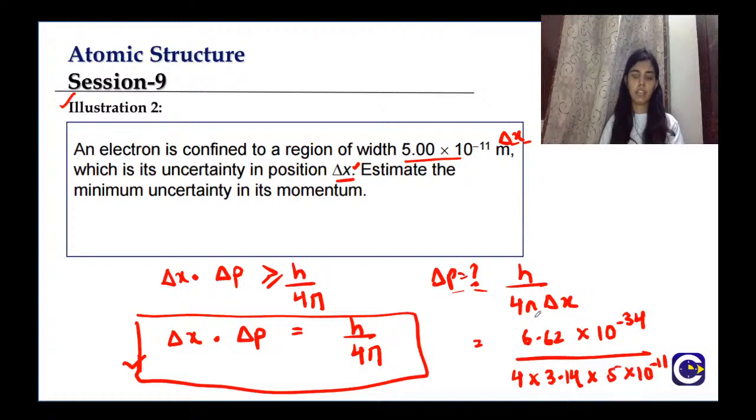What should be the answer? Okay, Arun is saying 1.09 into 10 raised to the power 44. Okay. Is it minus 44 or plus 44? What about others? Solve it fast and let me know.